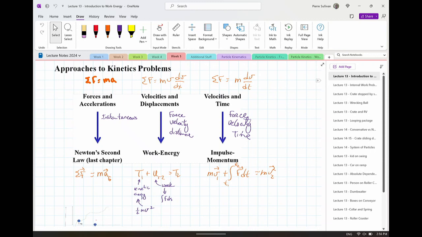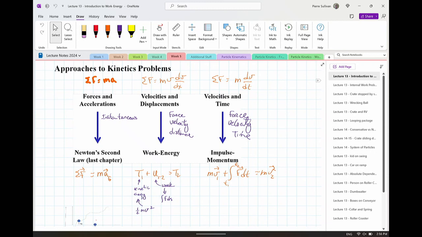And so what we're going to do is we'll start looking at the third equation, which is sum of forces equals mass dv dt. And we'll end up with three sort of governing equations here. Sum of forces is mass times acceleration of a system. T1 plus work 1 to 2 equals T2.